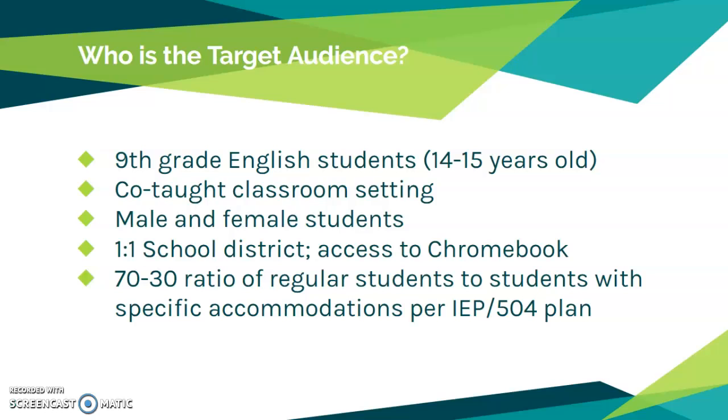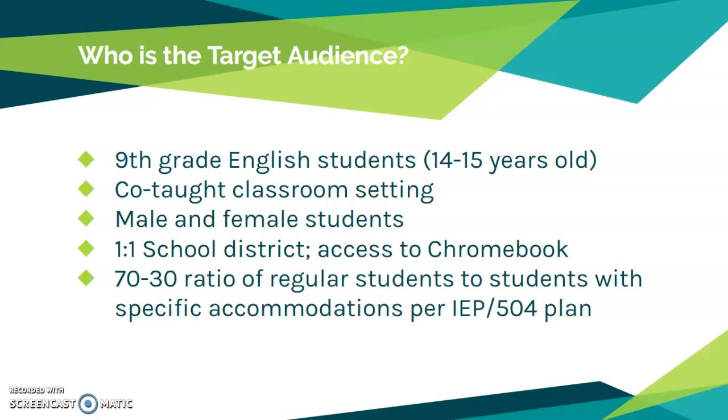There's a mix of both male and female students, and going off of the blended learning, our school is one-to-one, and all students have access to a Chromebook, and that works at home as well as on the district's Wi-Fi. It being a co-taught classroom, obviously the primary focus there is struggling students, and there's a 70-30 ratio of regular students to students with specific accommodations per their IEP 504 plans.